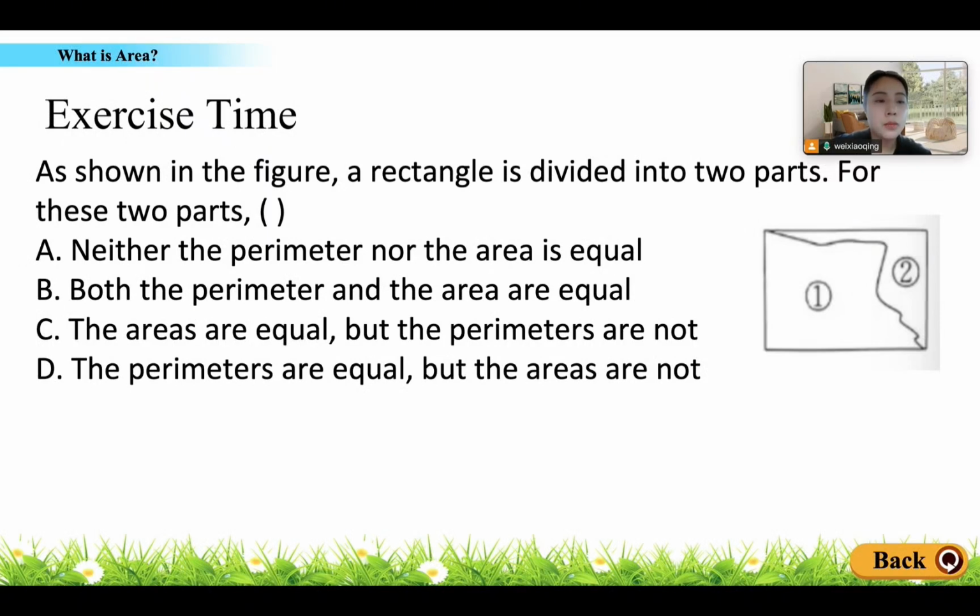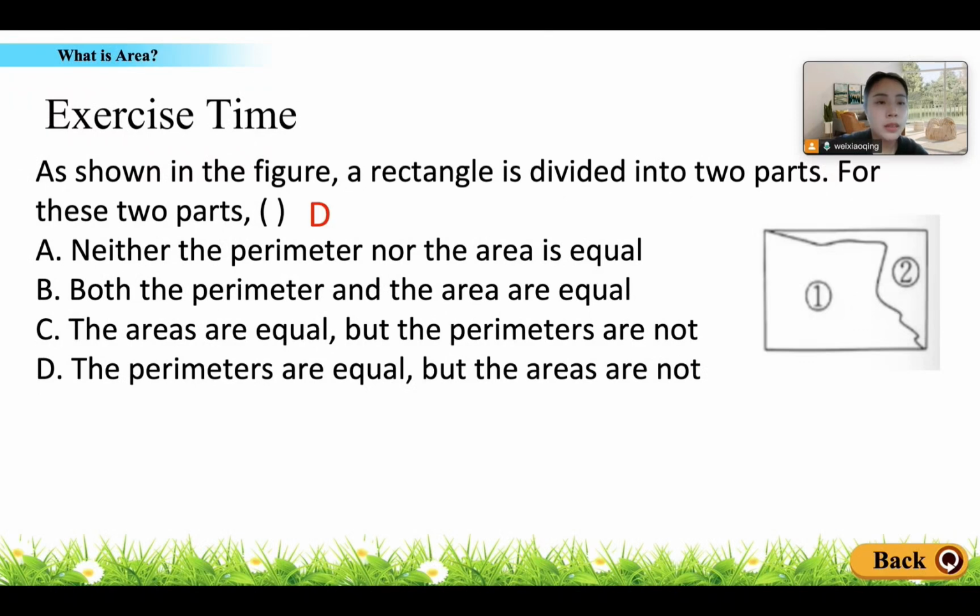By looking at the four options, we need to find the perimeter and the area of the two parts respectively. Due to the property of rectangles, opposite sides are equal. So the two lengths are equal and the two widths are equal. Since two sides of part 1 and part 2 correspond to the length and width of the rectangle respectively, the two sides are equal in length.